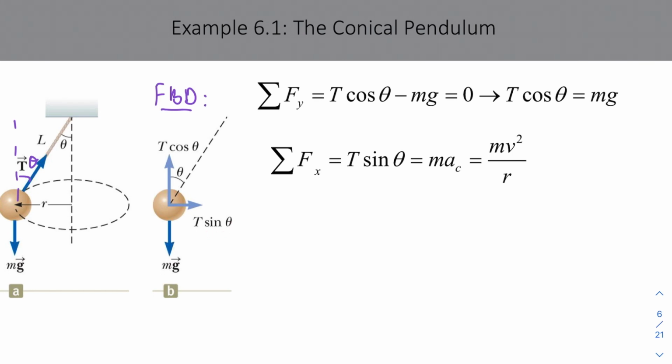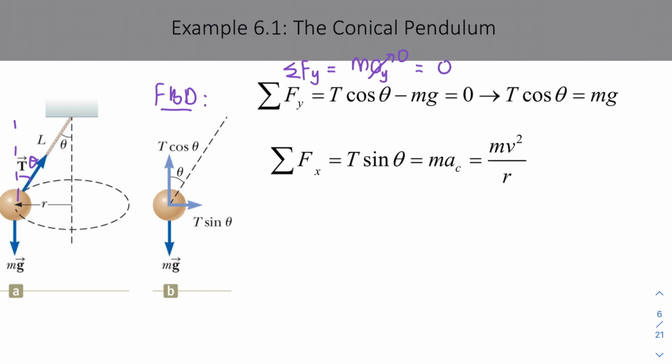Now, we proceed with Newton's second law. Summation of F_y is equivalent to m a_y, originally. But we know that the object is not moving in the y direction, so a_y is 0.